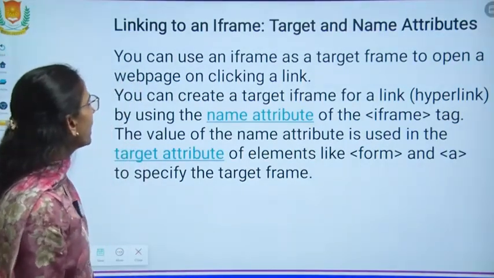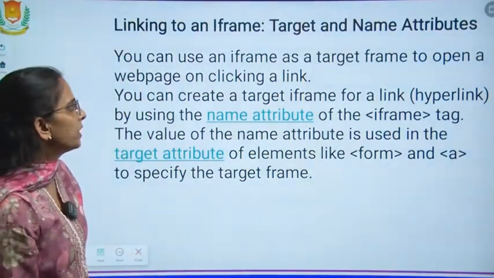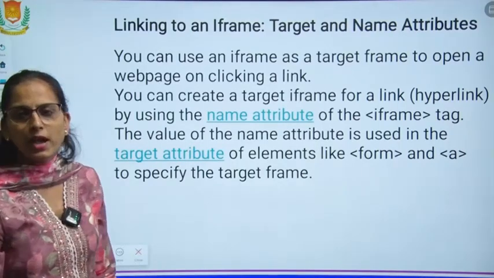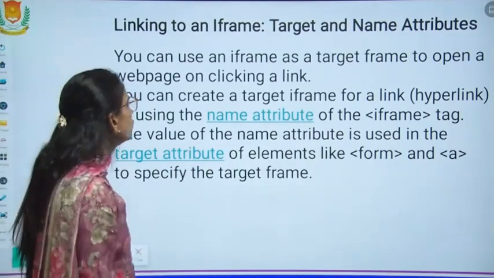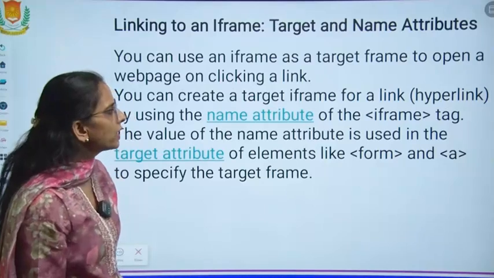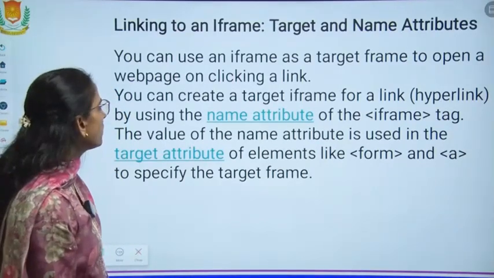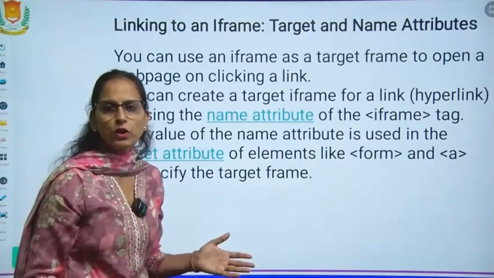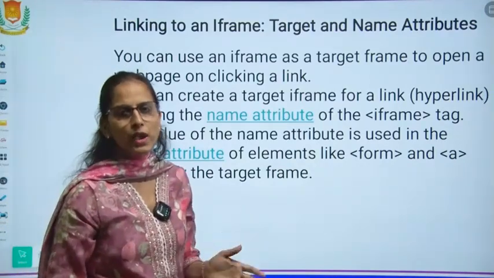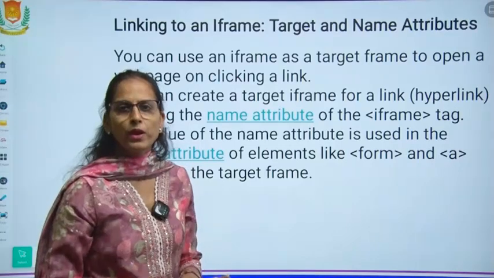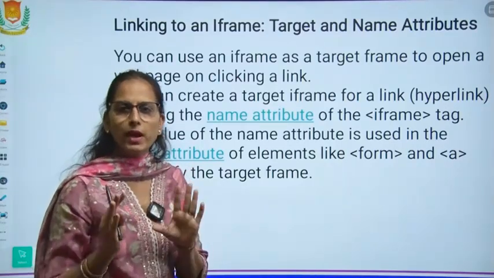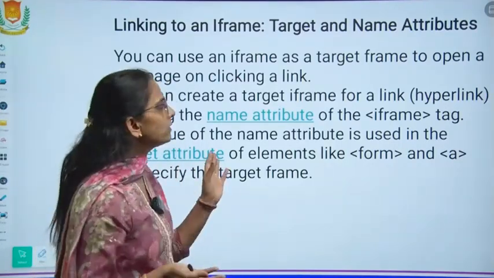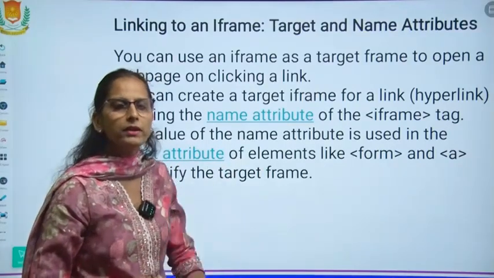Now we have linking to the iframe, with the help of the target and name attribute. You can use the iframe as a target frame to open a web page on clicking on a link. Okay, first what we have done in our web page, we have inserted an iframe where a specific web page will be embedded. Now within that embedded page, we are creating a link.